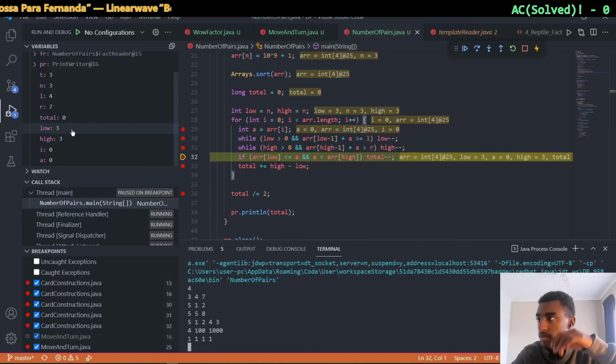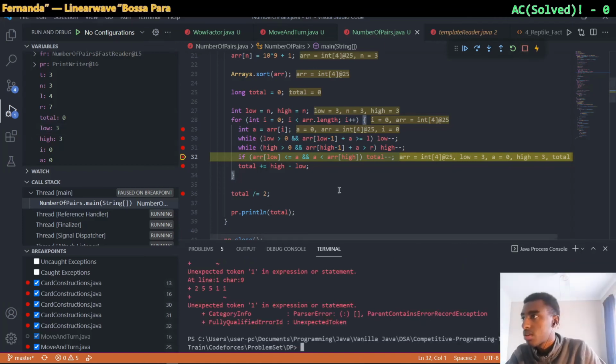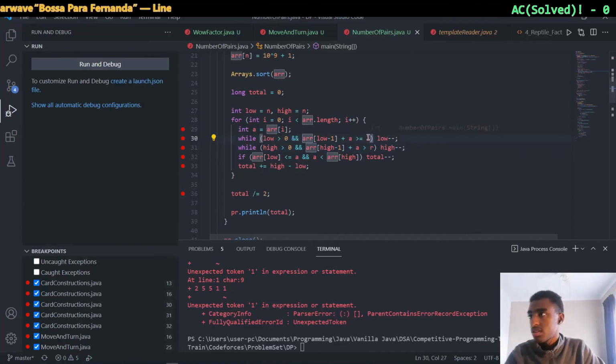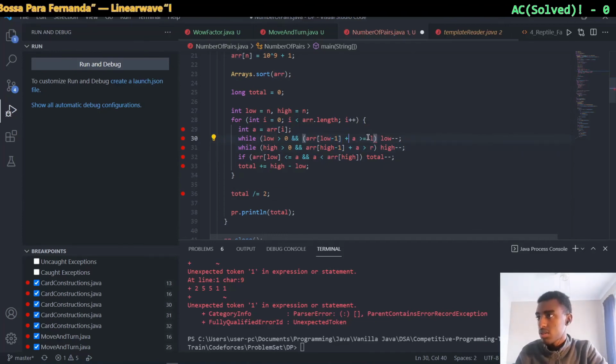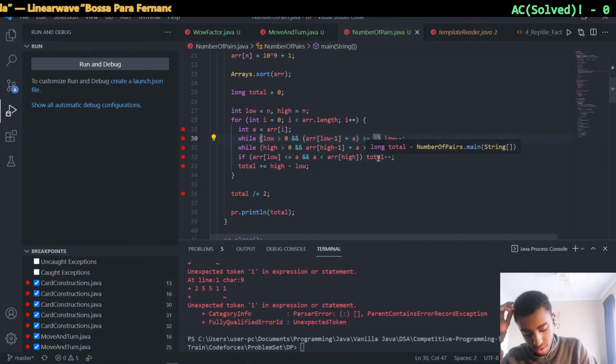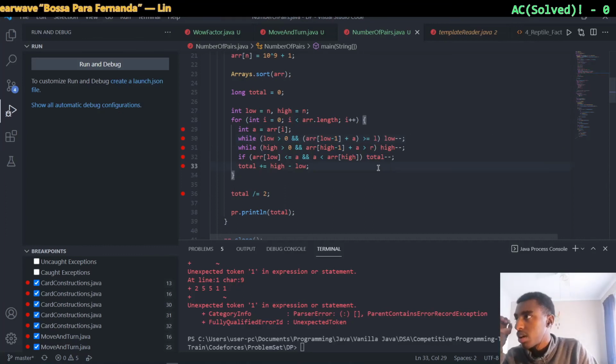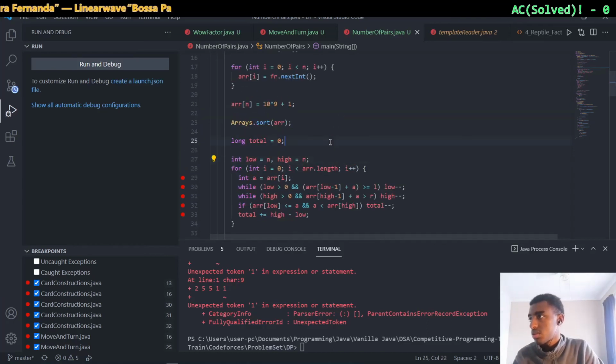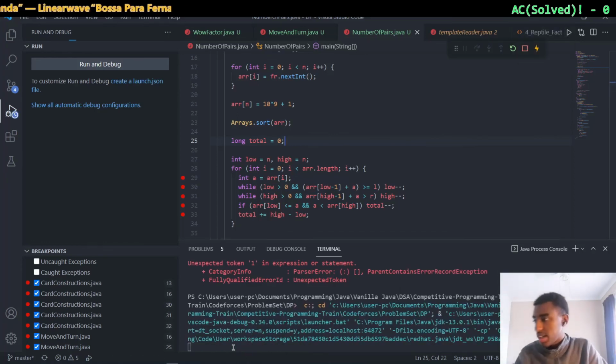That's true, but it didn't minus. Why? Our L is 4. And 1 plus 5 is greater than or equal to 4. Debug again.